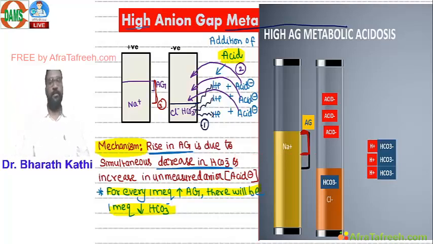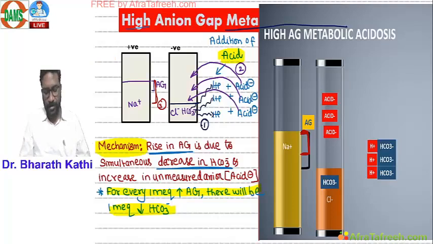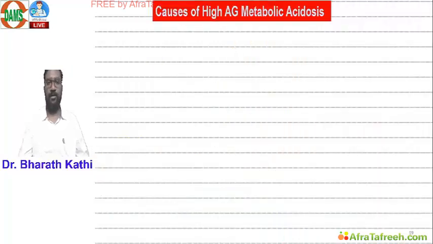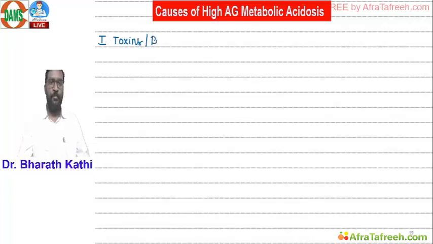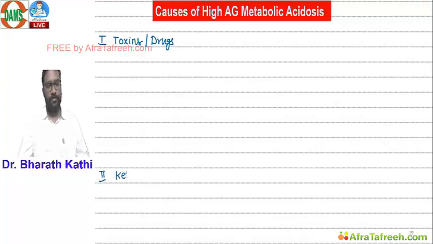You must be knowing, any alcohol will get converted into aldehyde, later into acid. Ethanol, acetic acid, methanol, formic acid, all these are responsible. Write down causes of high anion gap metabolic acidosis. 4 groups. Toxins, drugs, ketoacidosis.